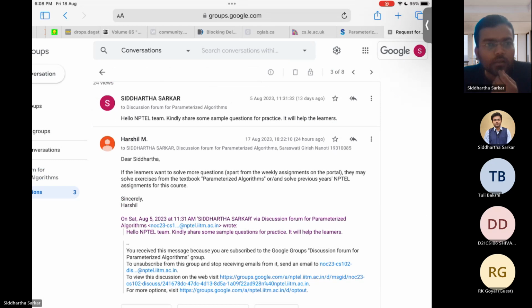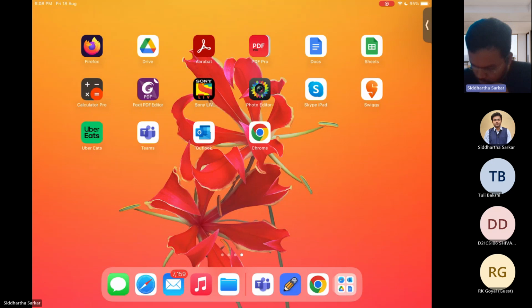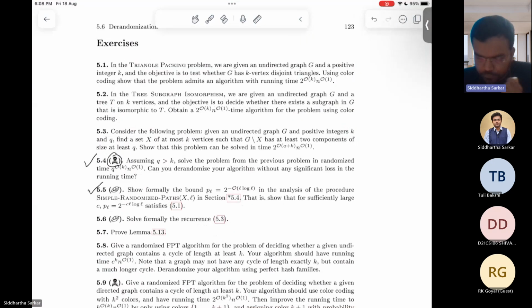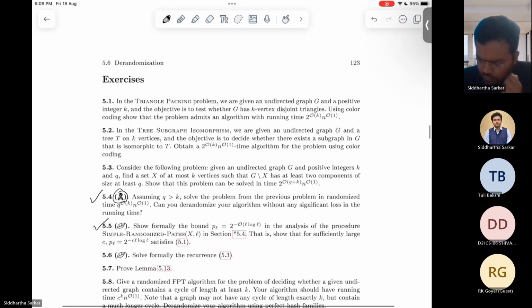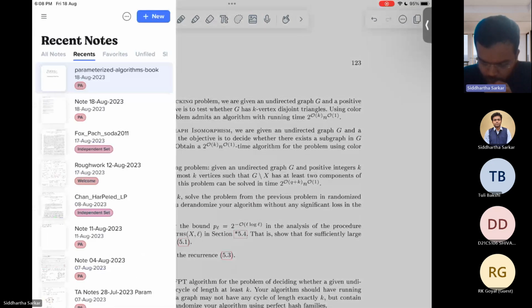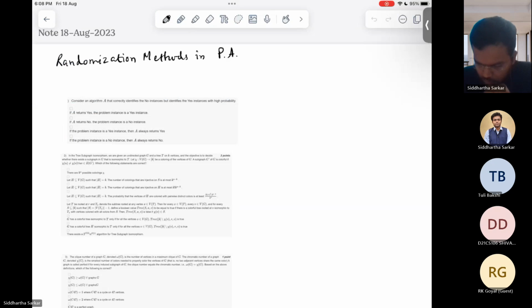Okay, fine. This is all I wanted to say about the queries that you had raised. Now we'll go to the whiteboard again. In week 4, we have seen the randomized methods in parameterized algorithms.